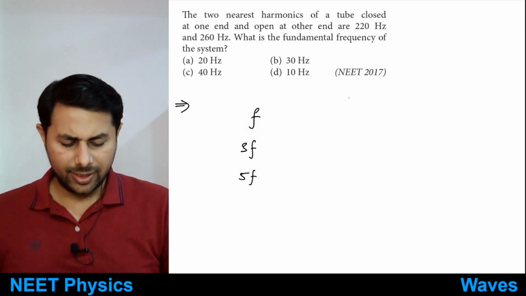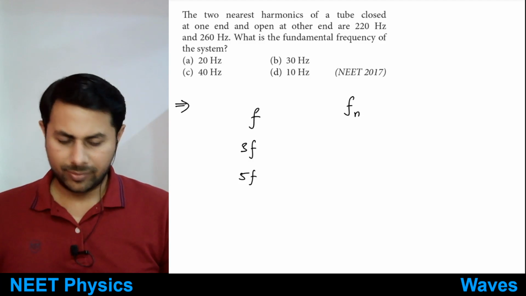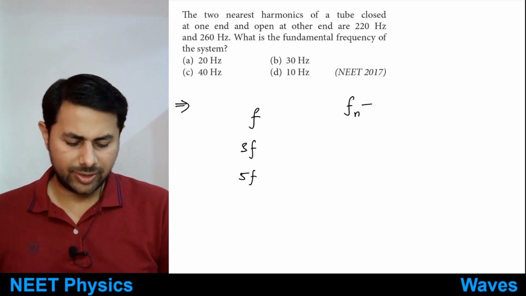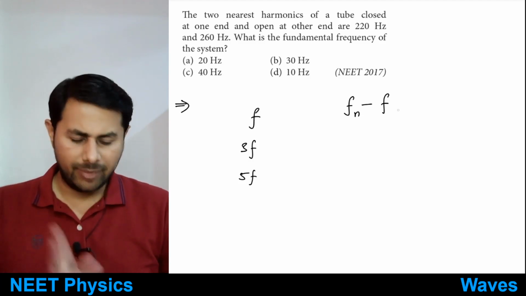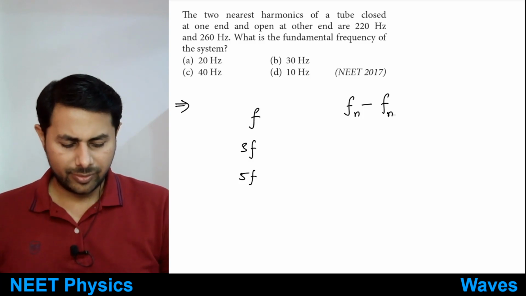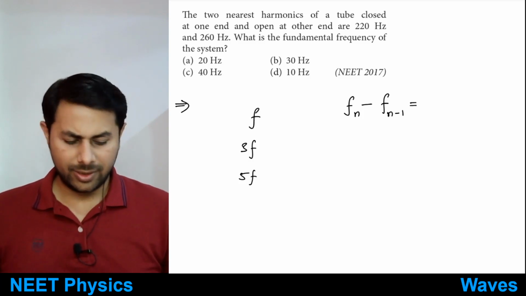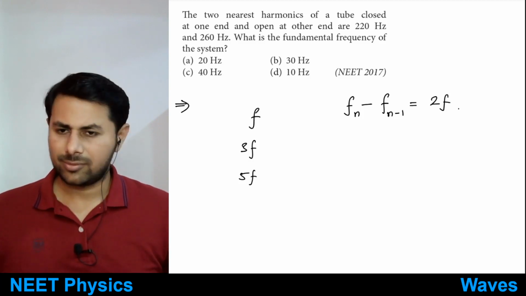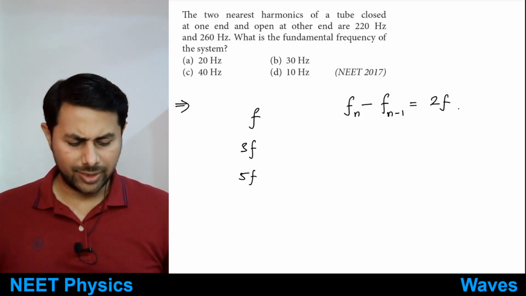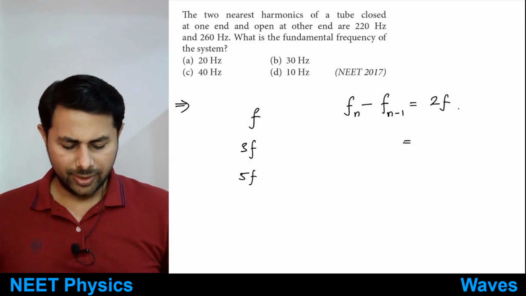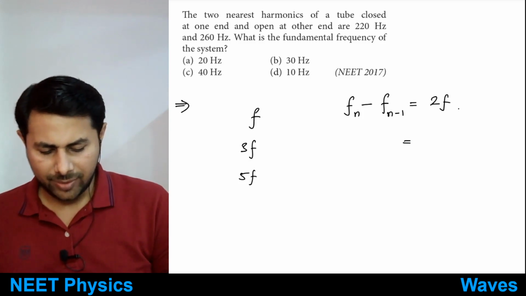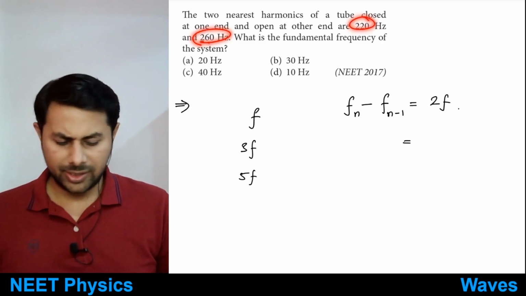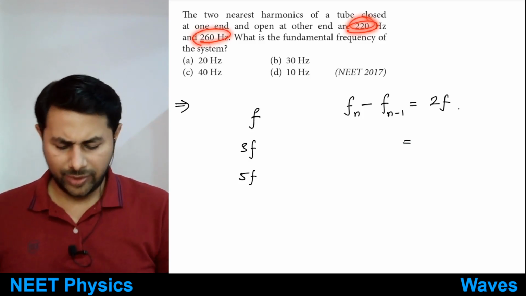So let's say frequency of nth mode minus frequency of n minus 1th mode, right? So that is equal to what? 2 times of F. Then that's very simple. So frequency of nth mode is suppose 260 Hz, n minus 1th mode is 220.